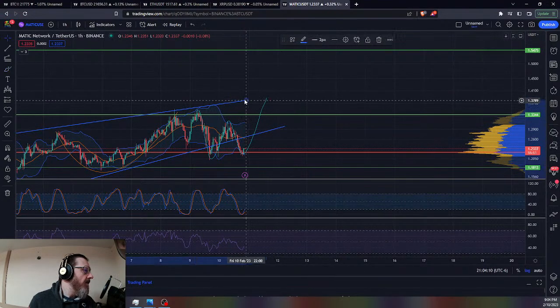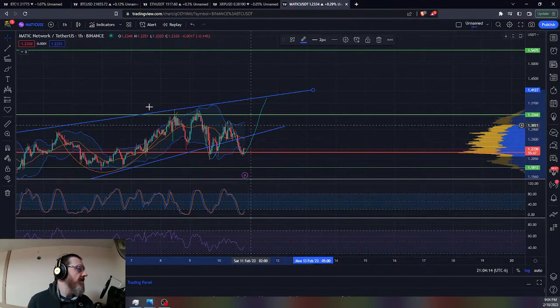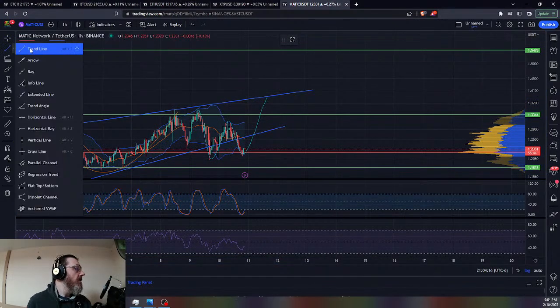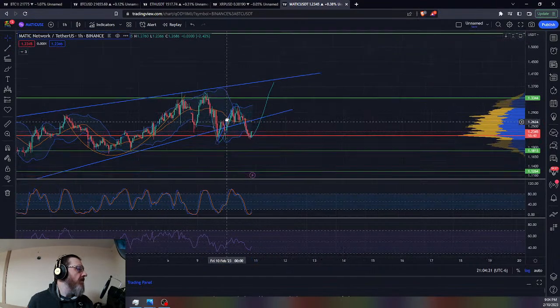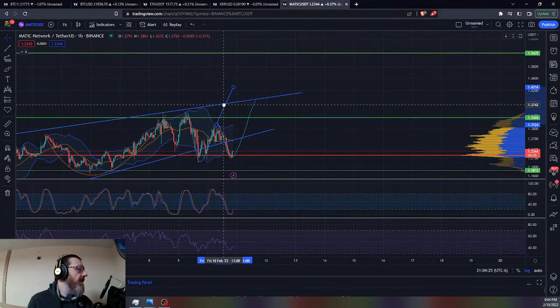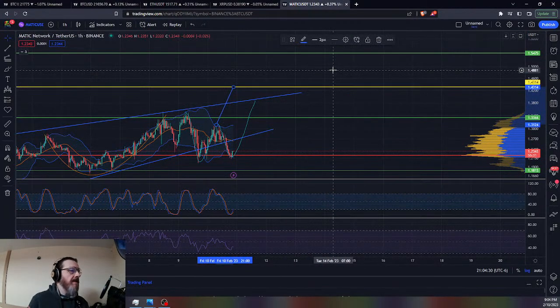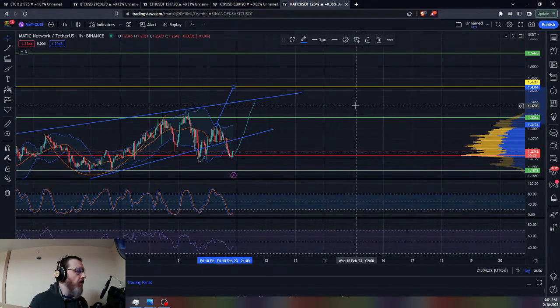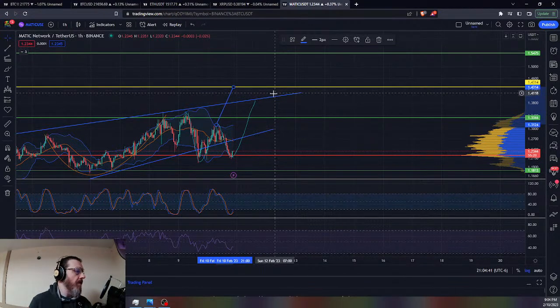And the real question is, hey, do we see a rejection at the top of this pattern, or do we get the measured move on this W pattern breakout, which if we extend that out, is going to take the price up to about $1.43, and it would also take it above this rising wedge here, where maybe, potentially we test this line as support.